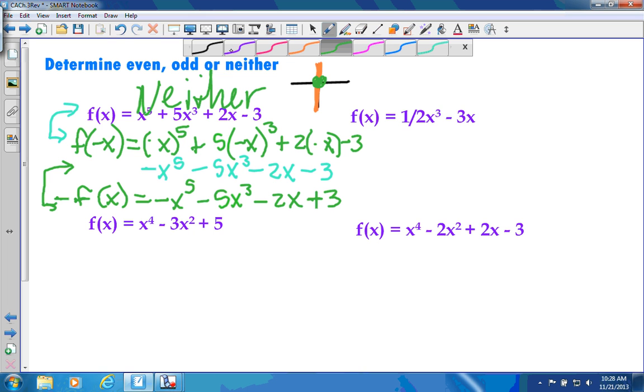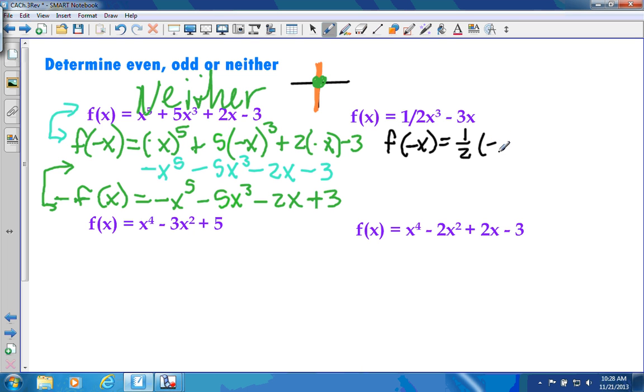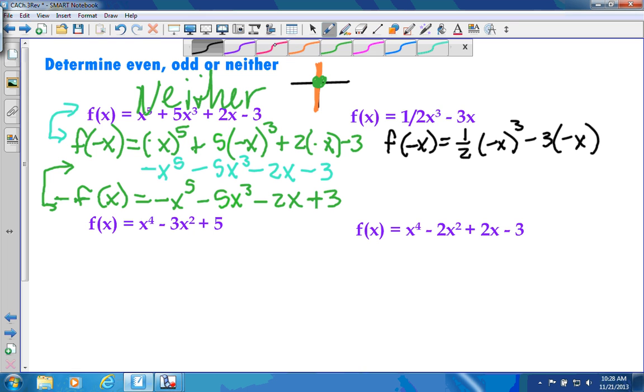Looking at our second example here, substitute a negative x in. This will turn into a negative 1/2 x cubed plus 3x.